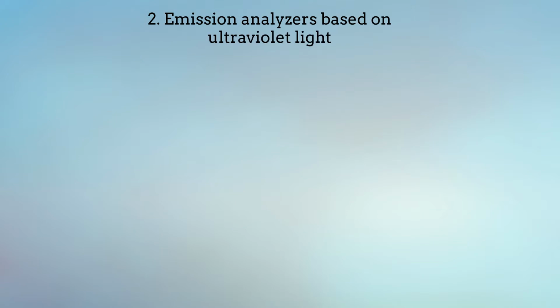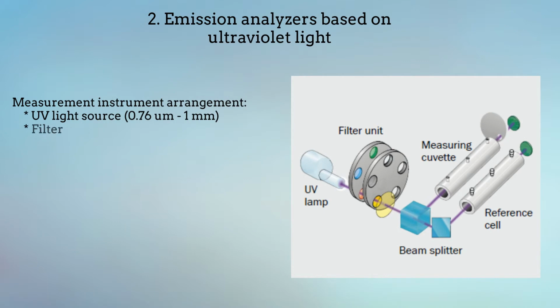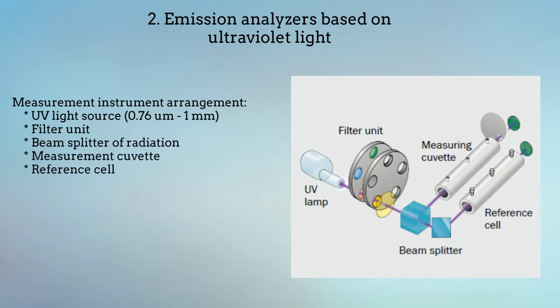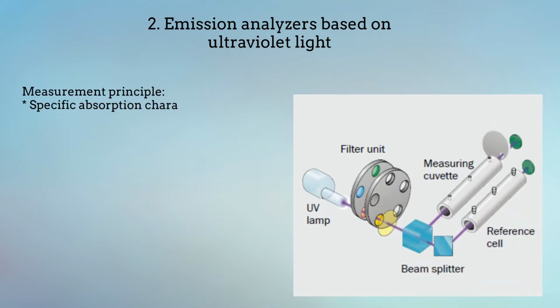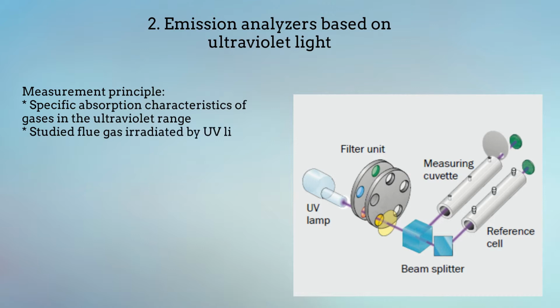An ultraviolet measurement arrangement comprises an ultraviolet source, a filter unit, a beam splitter for radiation, a measurement cuvette, and a reference cell. Gases have specific absorption characteristics. The absorption of studied gas is measured and compared to the reference cell absorption.